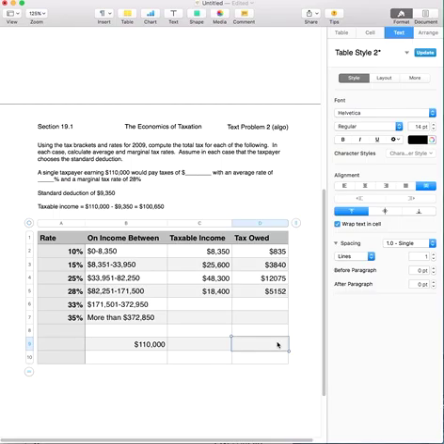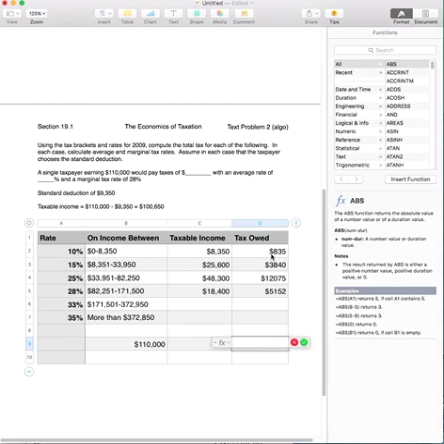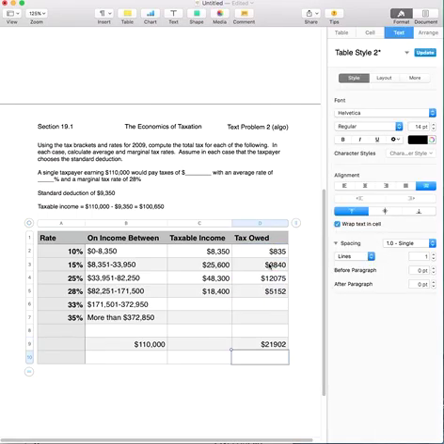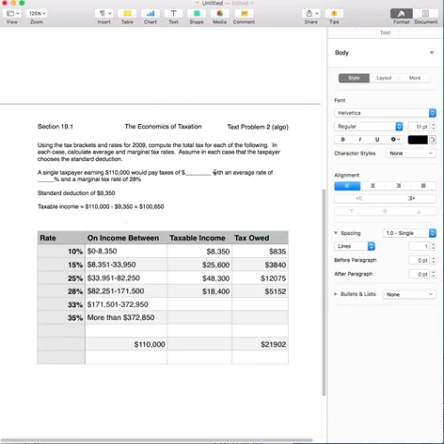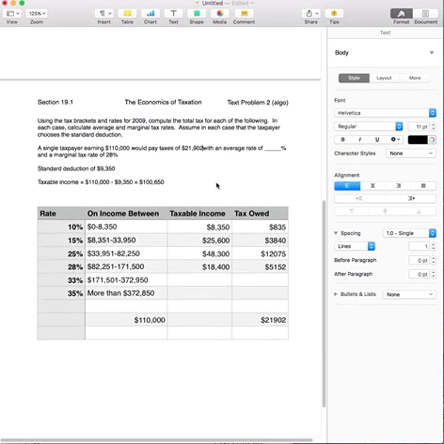We add all those together. That's the sum. And that gives us $21,902 for the total taxes.